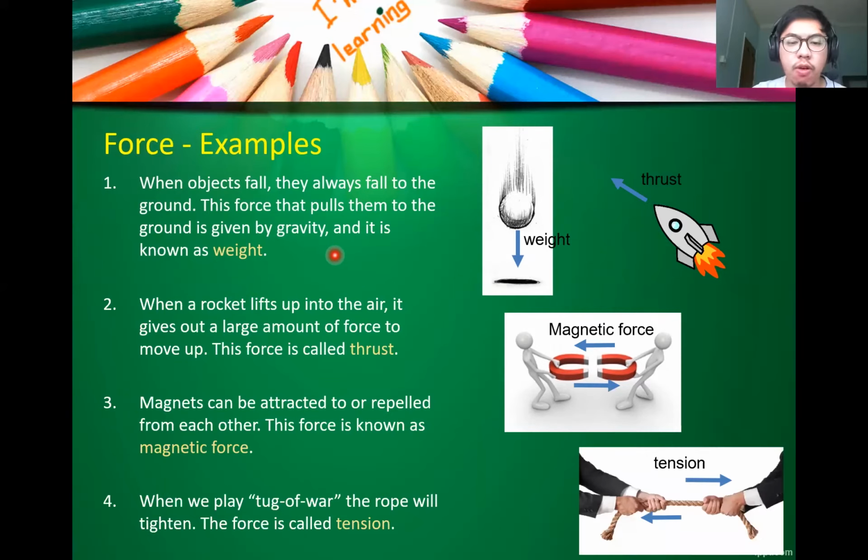And the force inside a rope, so if you have a rope and then you pull it, or if you have a spring, or if you have a string, any type of rope-like objects, if you pull it, the force inside, that's what we call tension. That's the tension force. There are a lot of different kinds of forces. These are just some of the examples.